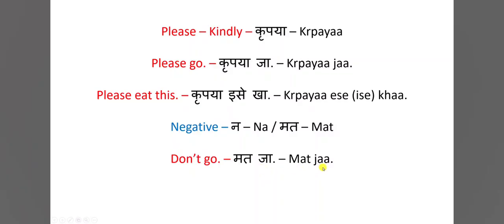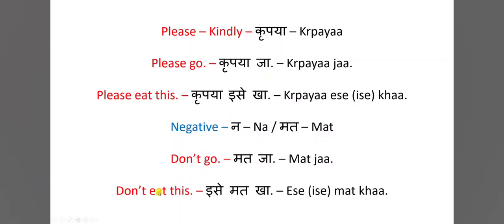Mat is don't, ja is go. Don't eat this. Ise mat kha. Ise is this, mat is don't, kha is eat. Mat is placed before the verb.